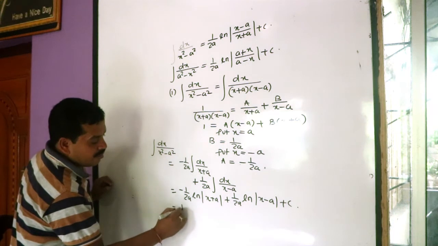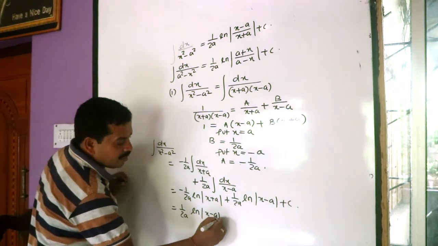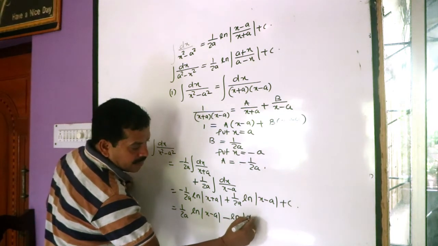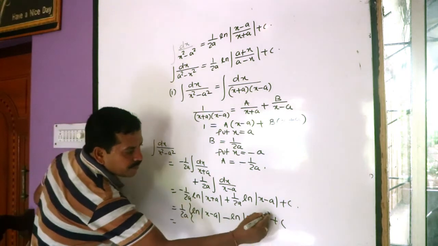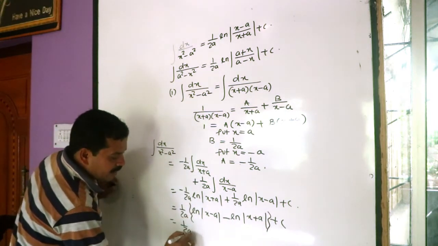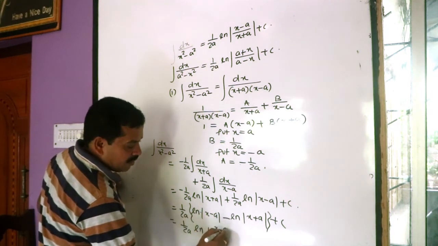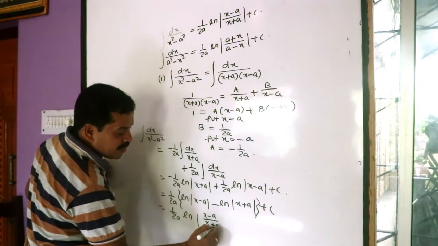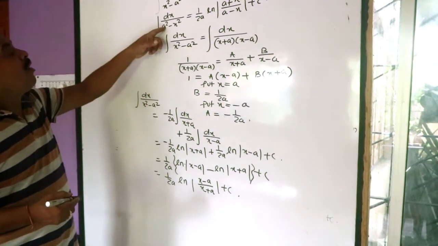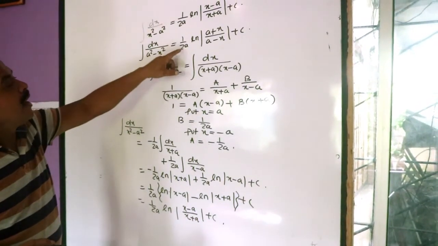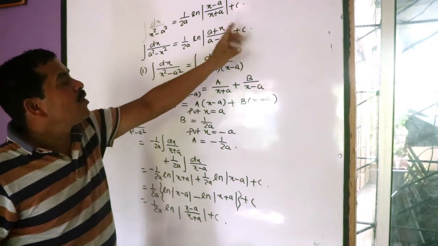Taking 1 by 2a common, 1 by 2a (log |x minus a| minus log |x plus a|) plus c, which equals 1 by 2a log |x minus a by x plus a| plus c, as log a minus log b is log a by b. In the same manner, you can also integrate the other one and you will get 1 by 2a log |a plus x by a minus x| plus c.